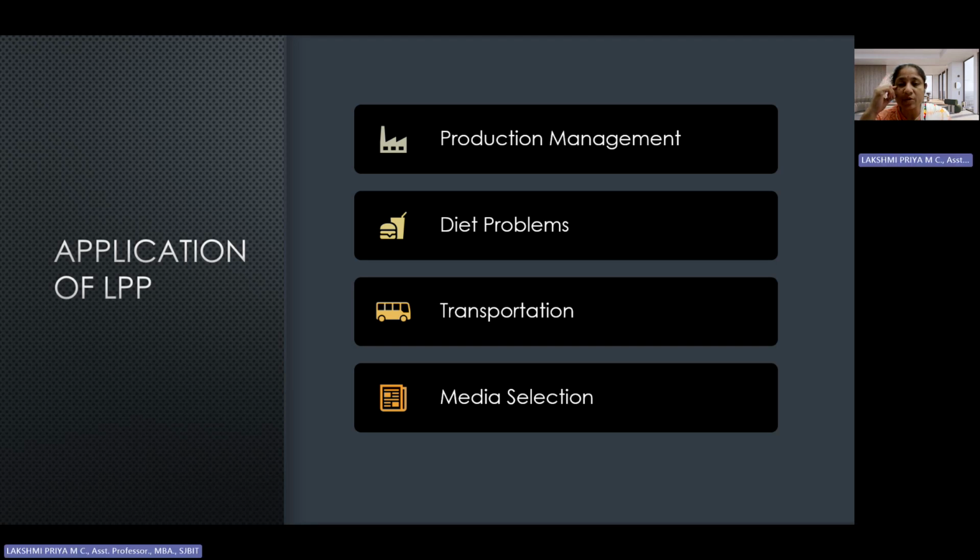Say, for example, a hospital or a school cafeteria needs to provide a meal that meets all nutritional requirements like protein, vitamins, calories, while keeping the total cost as low as possible. We have several ingredients like rice, dal, eggs, vegetables. Each ingredient has a different cost and a different nutritional profile, like how much protein per gram.